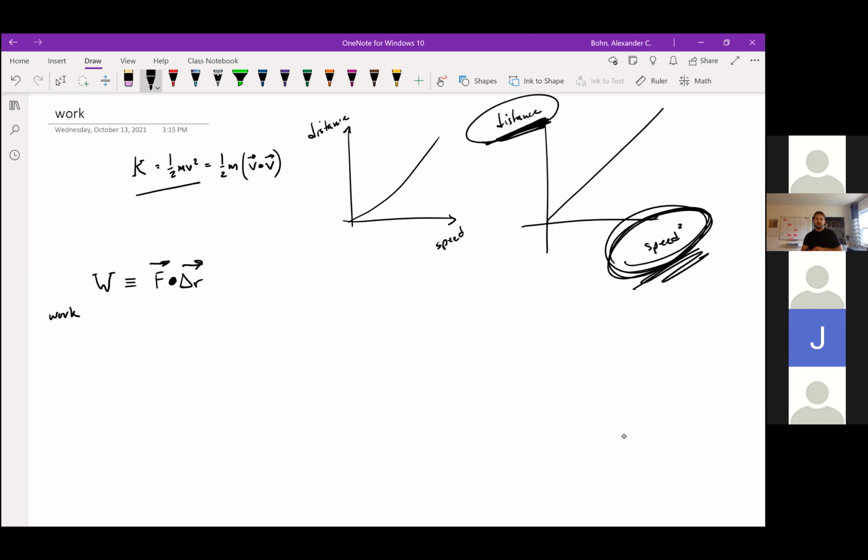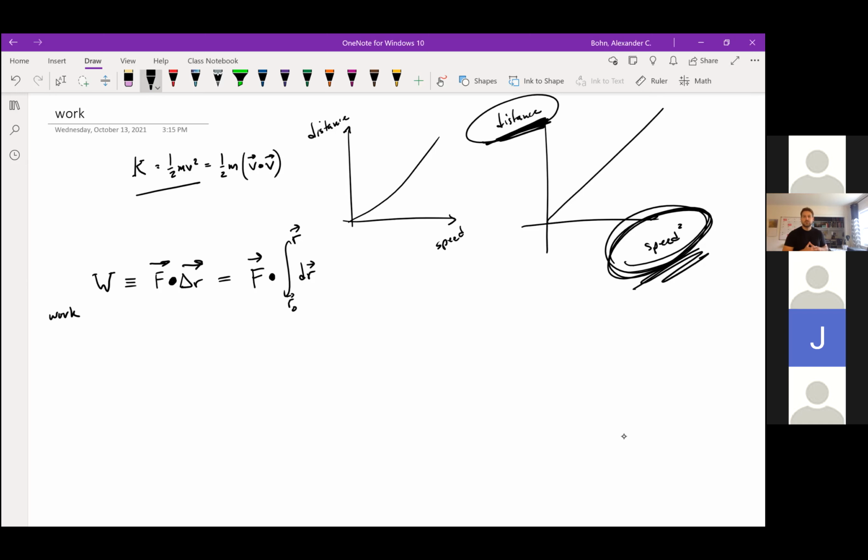Strictly speaking, this definition, which is perfectly intuitive, I will argue, based on the stopping distance activity that we looked at last week, is actually a special case of a more general thing.